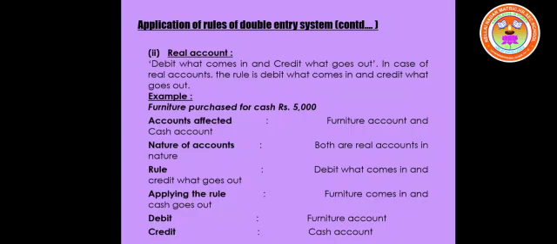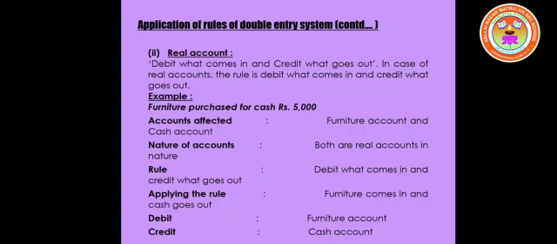Here we are applying real account rule. When we apply the rule, furniture comes into the business and cash goes out. After we pay cash only, we will receive furniture. So furniture comes into the business, cash goes out from the business.